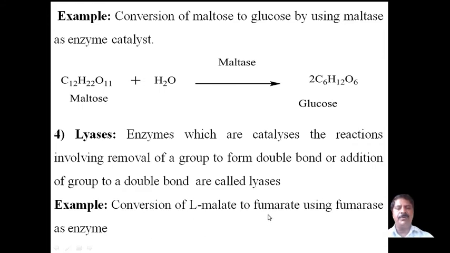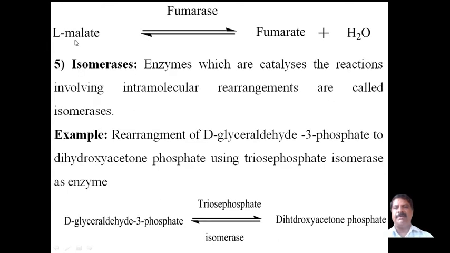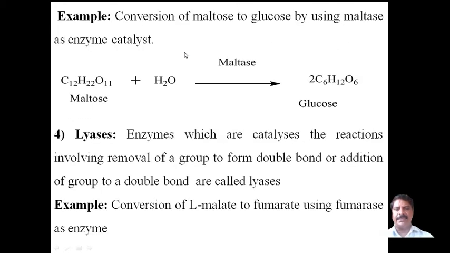Now here, this is the L-malate. This reaction is reversible, and with fumarase as the enzyme, it converts malate into fumarate plus a water molecule. This reaction is called a lyase.